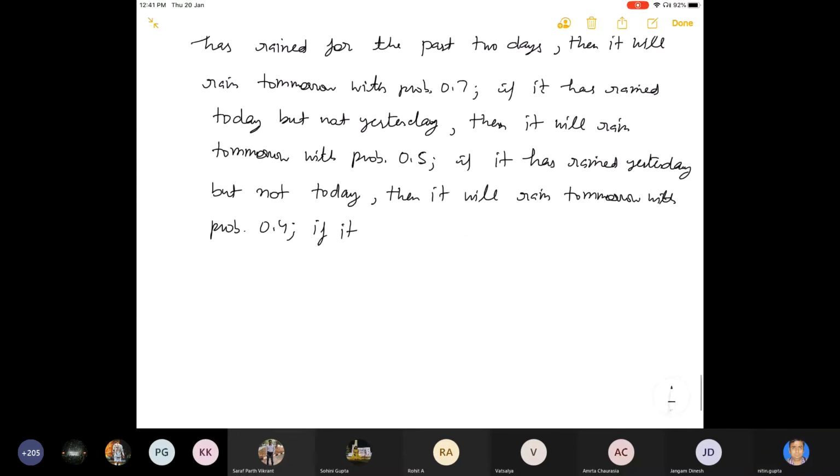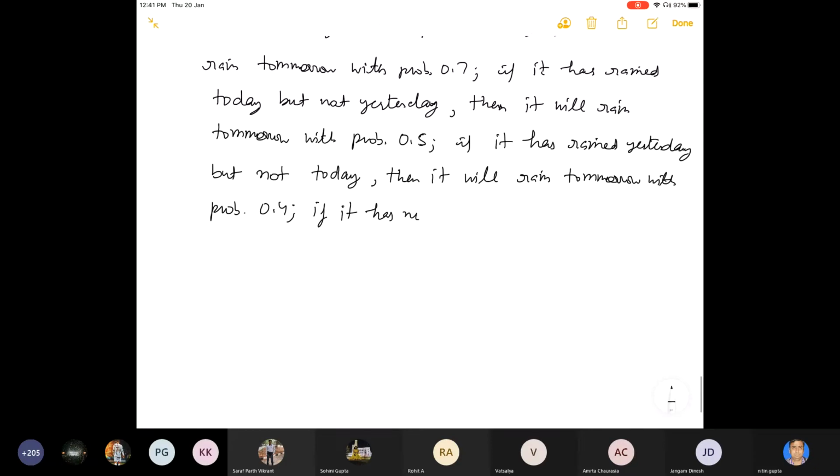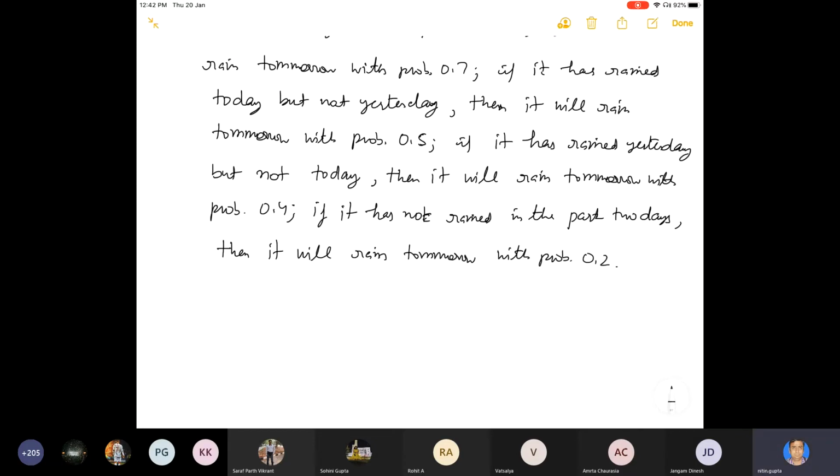If it has not rained in the past 2 days, then it will rain tomorrow with probability 0.2.